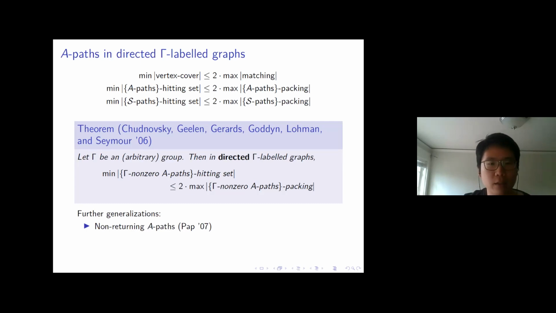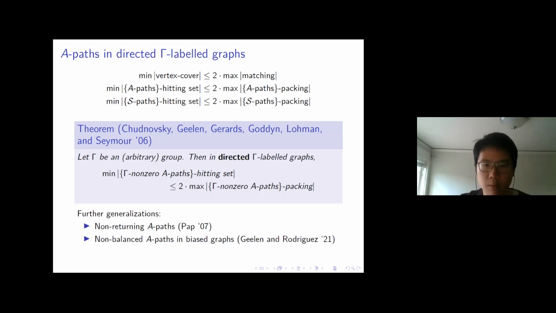Okay, and there are actually even further generalizations of this exact min-max formula. Pap, shortly after this result, showed it for what he calls non-returning A paths, a slight generalization of these non-zero A paths in group label graphs.